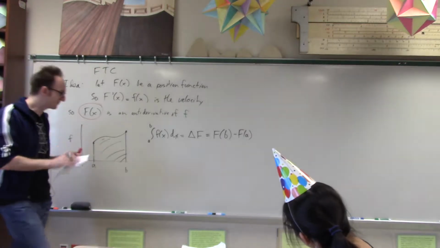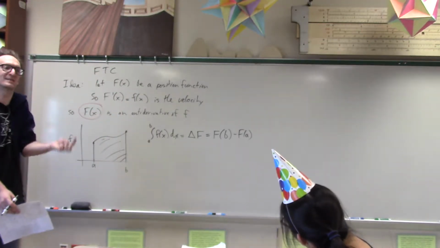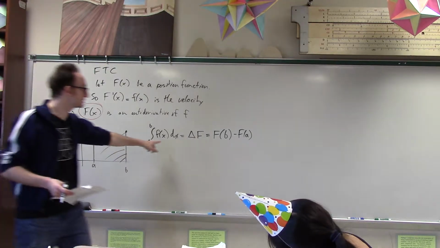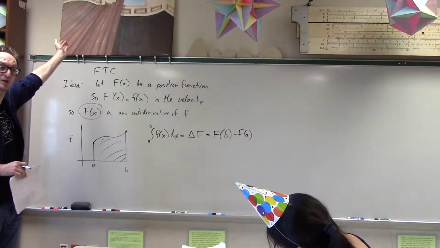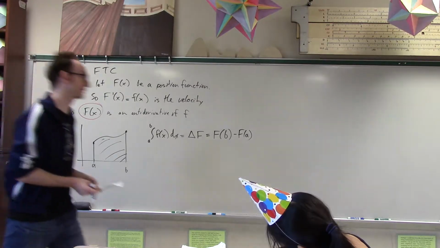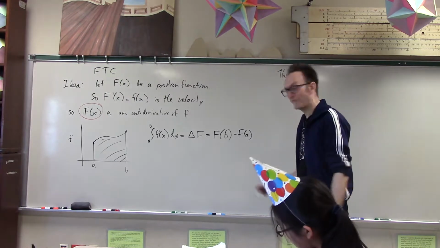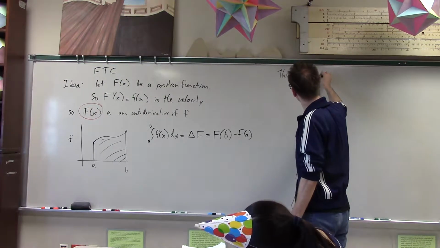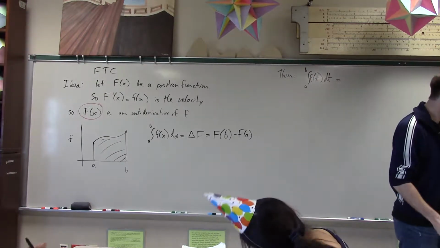And the second half of the fundamental theorem of calculus says that this is not a coincidence, and that in fact this always happens. This is true not just for the position function that you differentiated from, but it's true for any position function. So, theorem: if you are taking an integral for some reason, you may take the integral as follows.